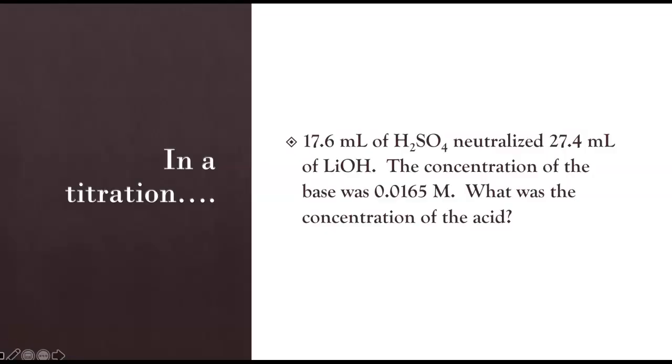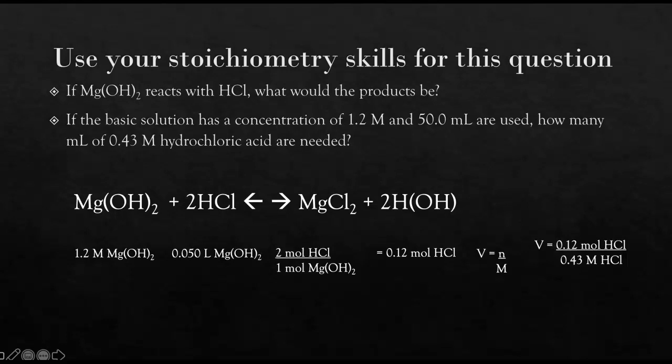Oops, and I guess I did not calculate this volume here and get that calculated correctly, or it's not animating up there. So it would be 0.12 divided by 0.43, which is 0.27 liters. So that'd be 270 milliliters.